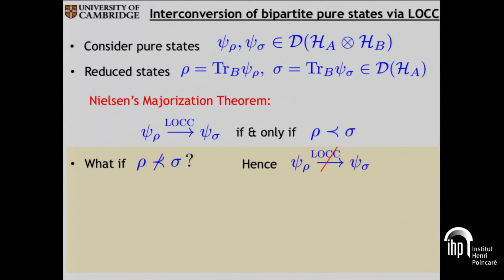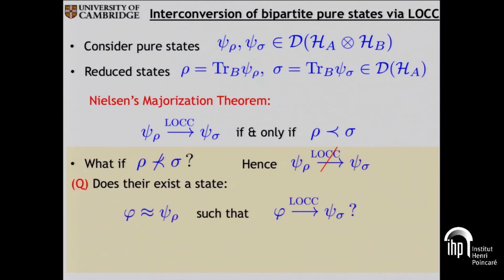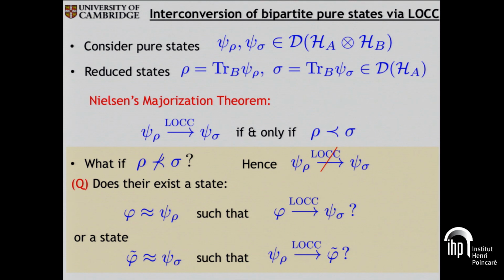We cannot do this, right? This is not allowed. But then a valid question to ask is, does there exist a state which is close to psi rho from which you can go to psi sigma? Or you can also ask, does there exist a state close to psi sigma such that you can go from psi rho to this state? And we can answer this question as yes using our majorization relation.